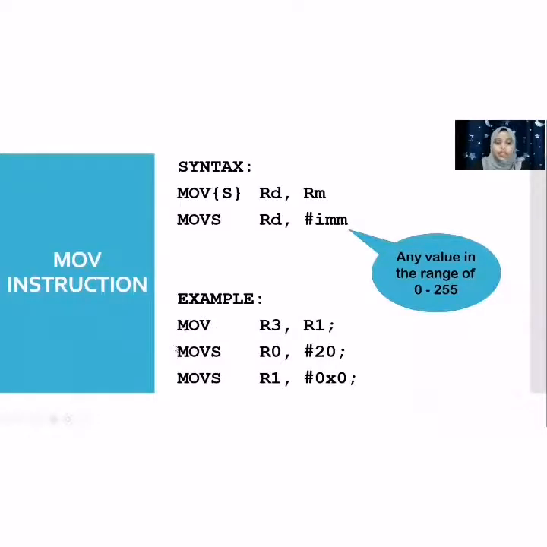Okay, for the second line, we're gonna move the immediate data, which is the decimal value of 20, into R0, the register destination, and the flag will be updated. Same goes for the third line. The hexa value of immediate data will be moved into the R1 register, and the flag will also be updated.